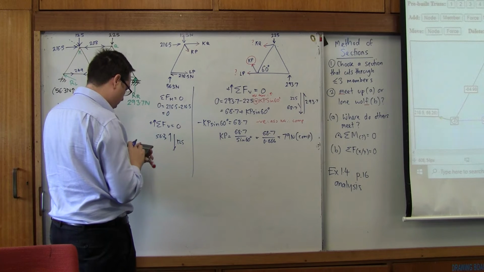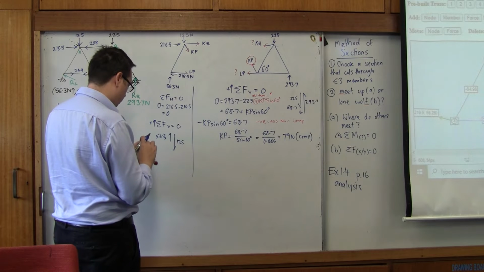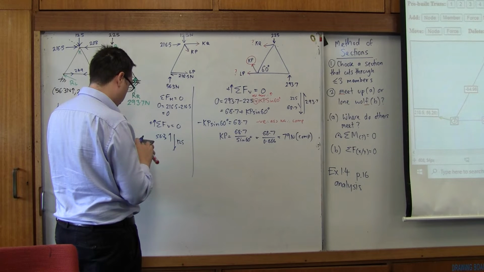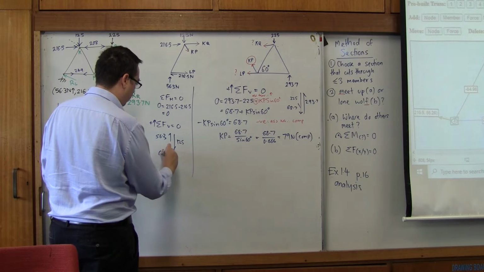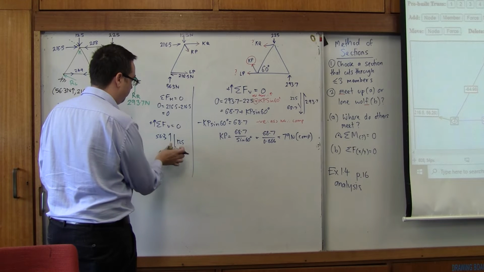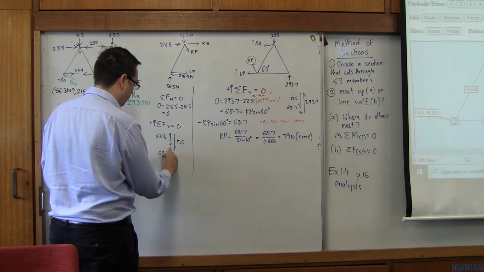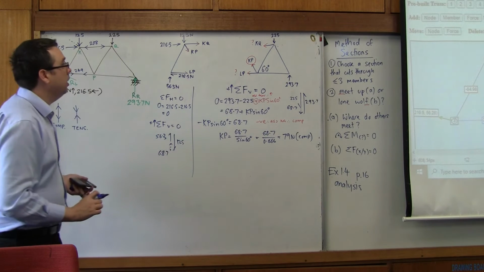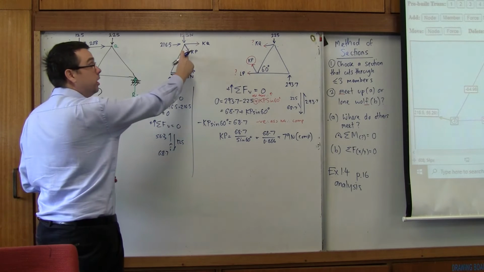I've got 125 minus 56.3 equals 68. This amount here is going to have to be 68 up. Now, the thing is, we assumed it was going to be going down.